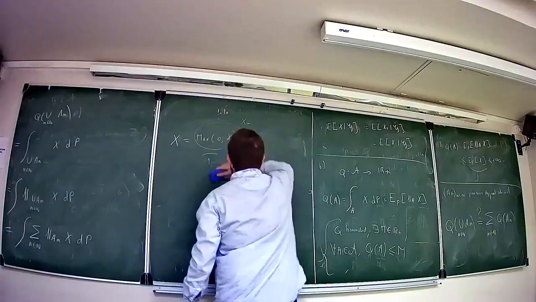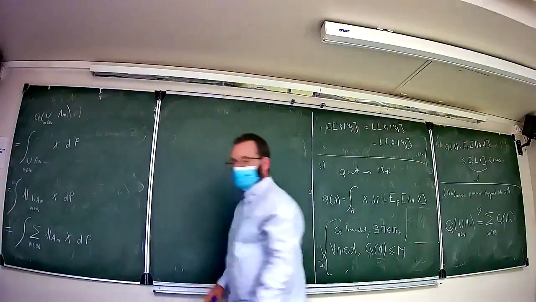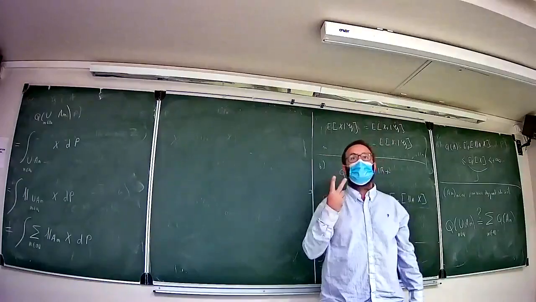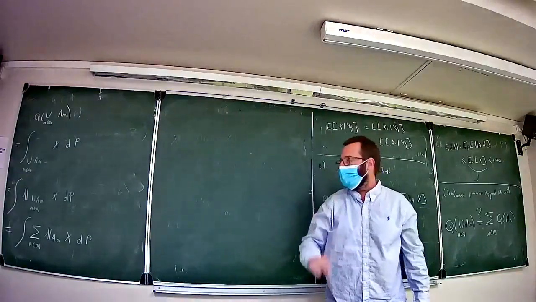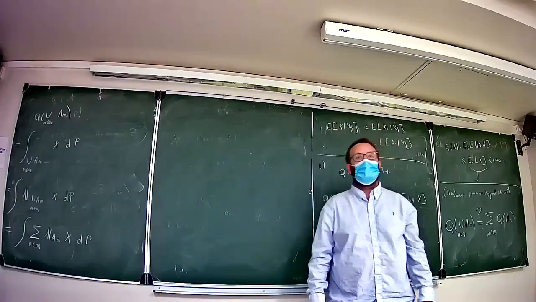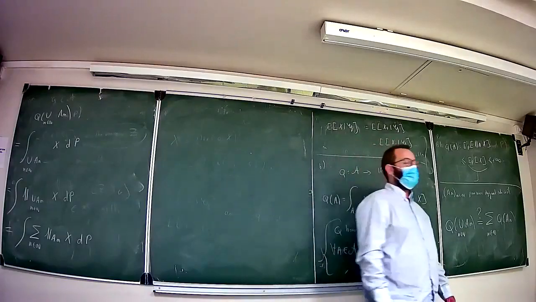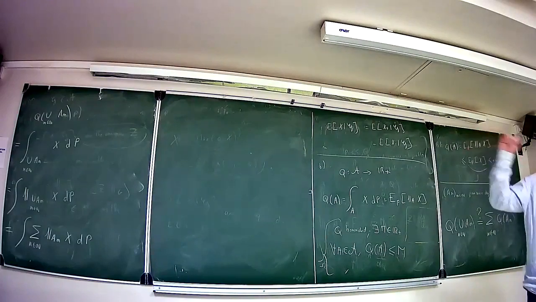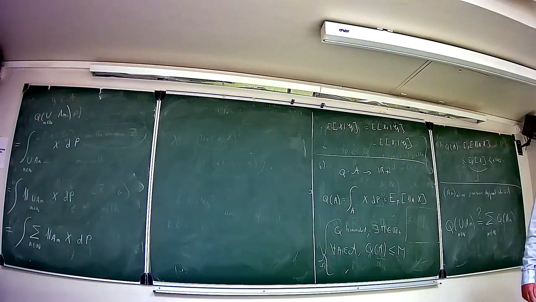What do you want to do now? Linearity is for a finite sum. You are not very far from this, but it doesn't work in general. It will work because I have a particular hypothesis here. You can see it in two different ways.